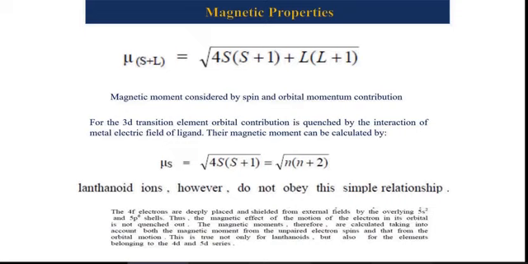So far we have discussed that if we are trying to calculate the magnetic moment in the case of a transition element, the formula will be root of 4S(S+1). But if you are trying to calculate the magnetic moment for lanthanoid, the formula is the one mentioned on the screen, right? I told you the difference and why this type of anomalous behavior is observed in the case of lanthanoid. Let us move ahead now.